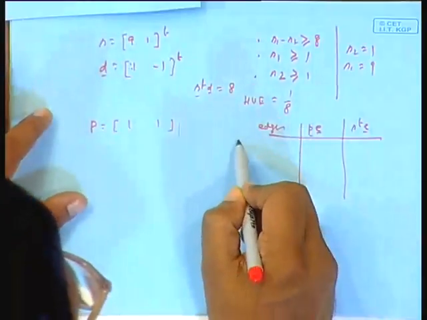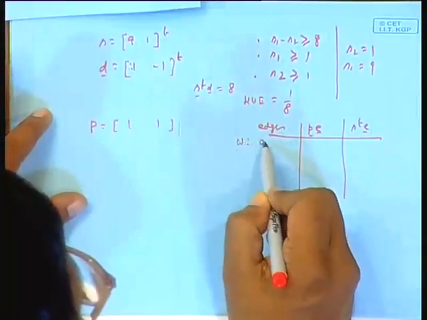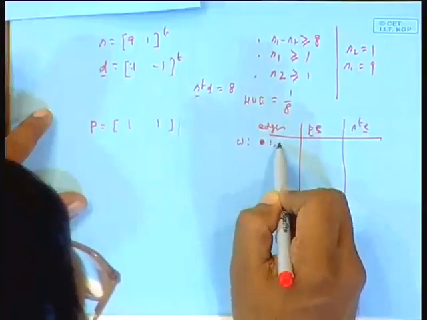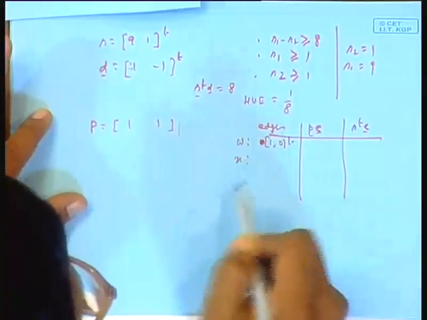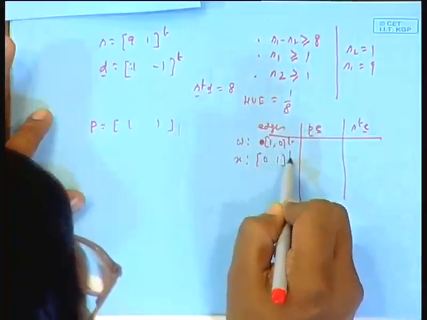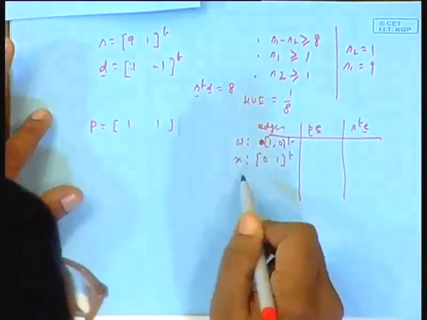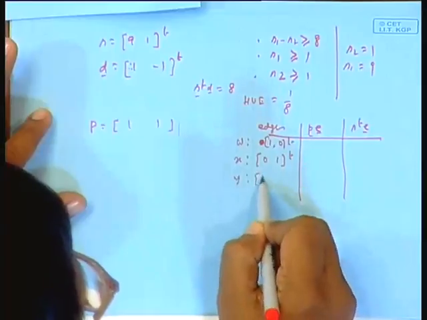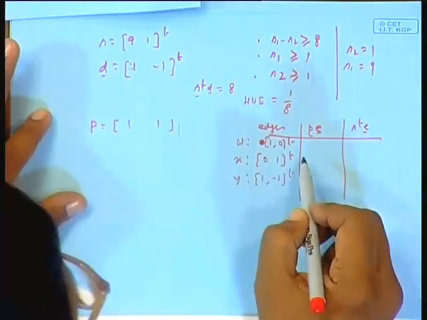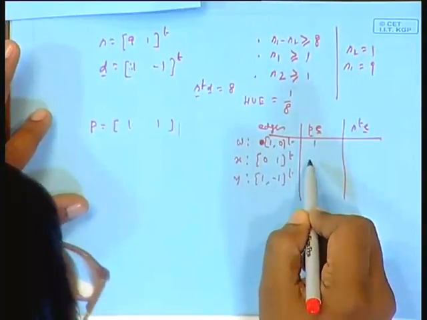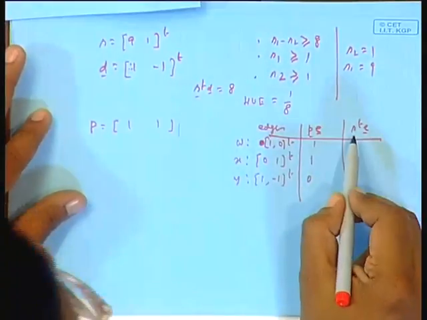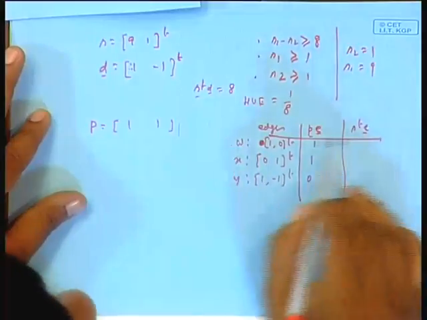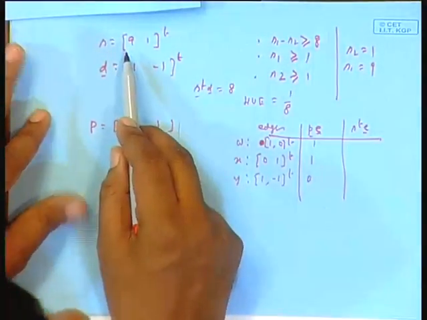So what are the edges? Weight was 1 0 transpose, X input was 0 1 transpose, and Y was 1 minus 1 transpose. So PE as before is 1, 1, 0, but earlier S transpose E meant something, now it will be different because the S vector has changed.